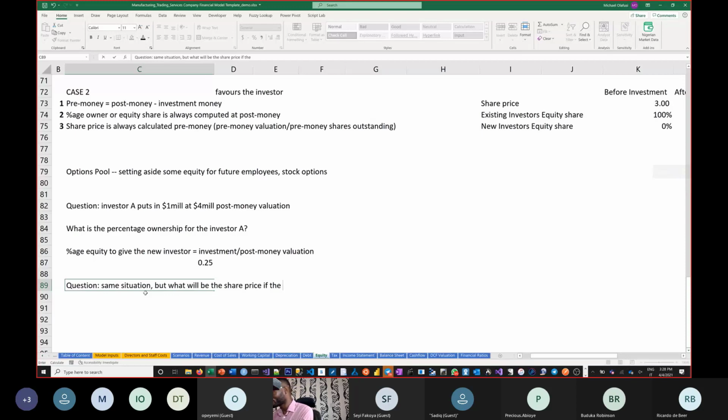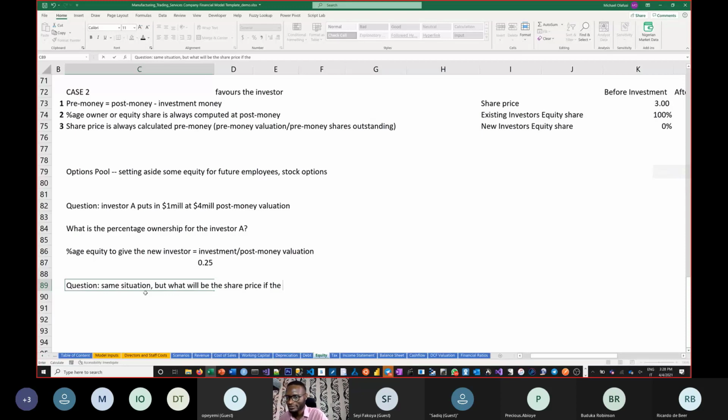What if the pre-money shares outstanding is, let's use a round figure, 500,000 shares. So what do you think? What will be the share price?